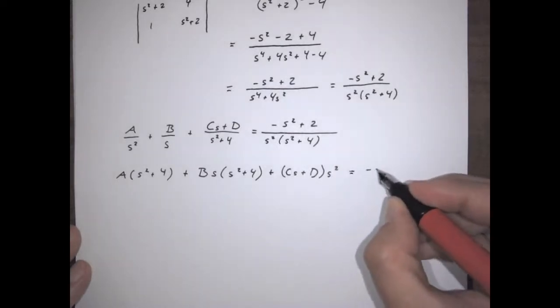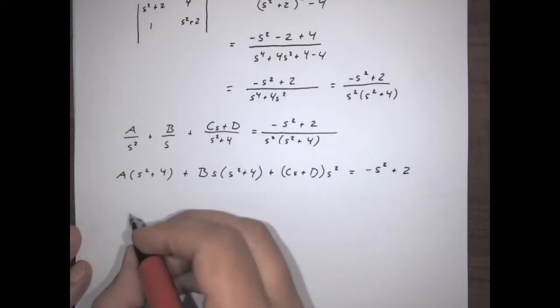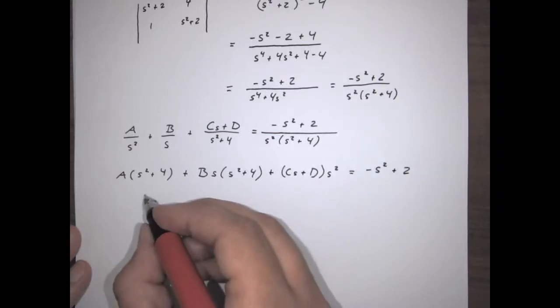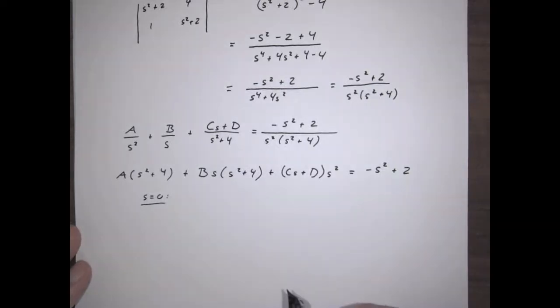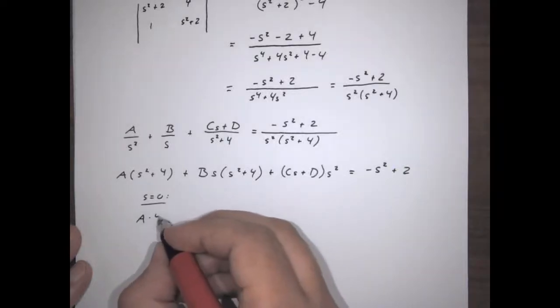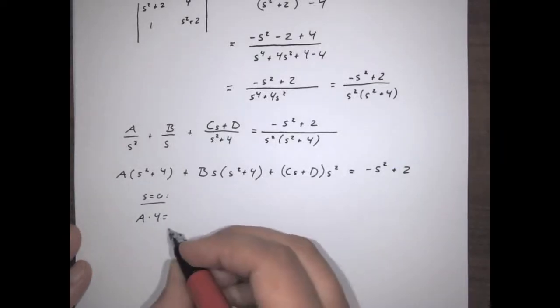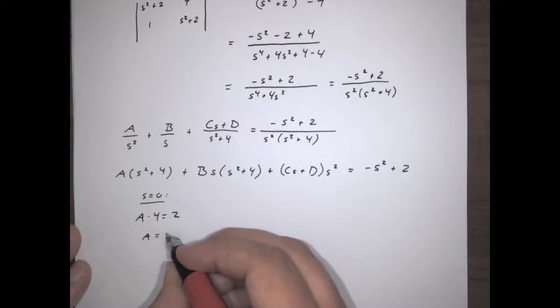And that's going to equal negative s squared plus 2. Now we can do things like set s equal to 0. That's basically the equivalent, by the way, of just peeling out the constant terms. That's going to give us a times 4 equals 2, leading us to a equals 1/2.